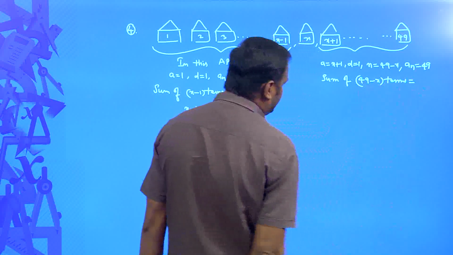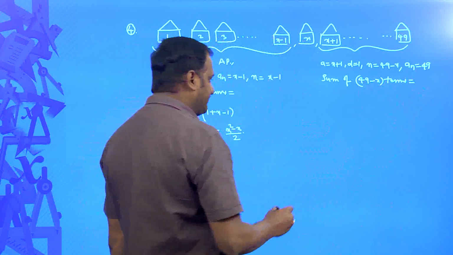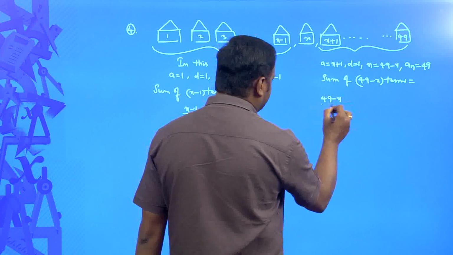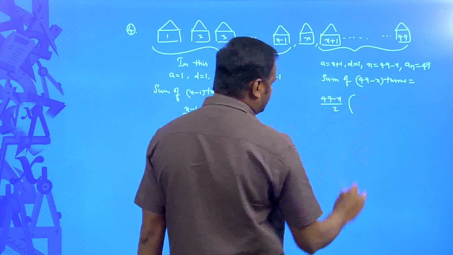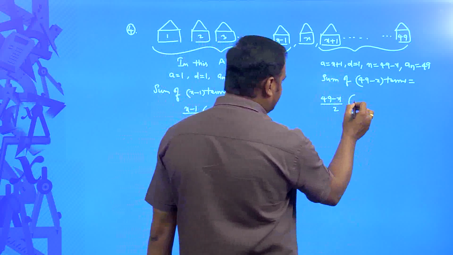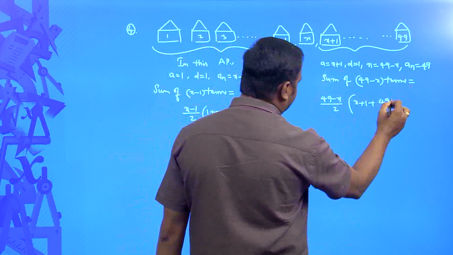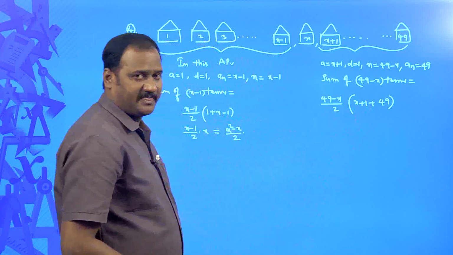is going to be, now the value of n is equal to 49 minus x. So, that n by 2, so 49 minus x divided by 2 into a plus a n. a is equal to x plus 1, plus a n is going to be 49. So, hope you understand this formula, right.